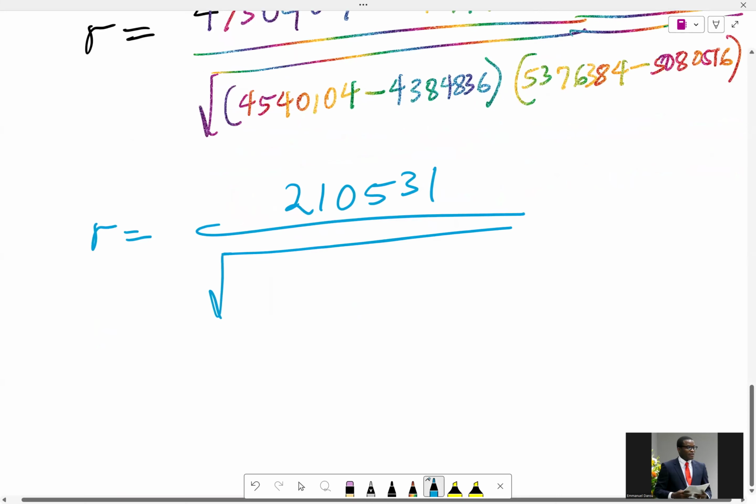To square root of, so the first bracket we have 4,540,104 minus 4,384,836.